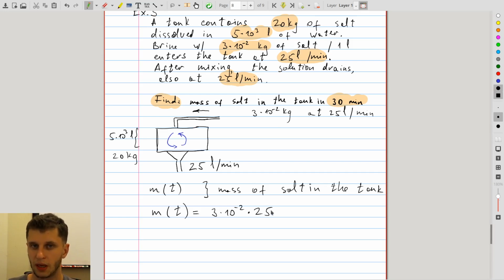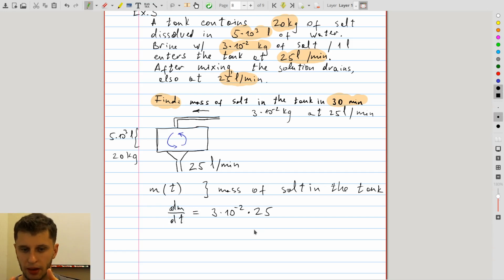So this is the influx of the mass of salt, and so this means I'm talking about the rate of change of the mass rather than mass itself. So as a function of time, dm over dt looks like this. So every minute I'm getting this fixed mass of salt. It is fixed because the brine has constant concentration. Okay, so this is the mass I'm getting in every minute.